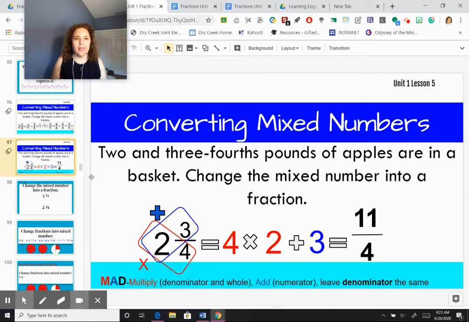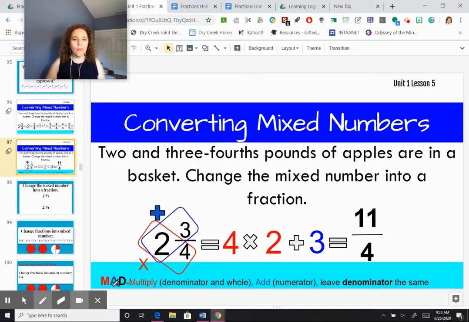MAD stands for the M, multiply. So you're going to multiply the denominator and the whole. Then you're going to add the numerator, okay? The D stands for denominator. We leave it alone. Multiply, add, denominator, leave it alone. Math. Just having a little fun.